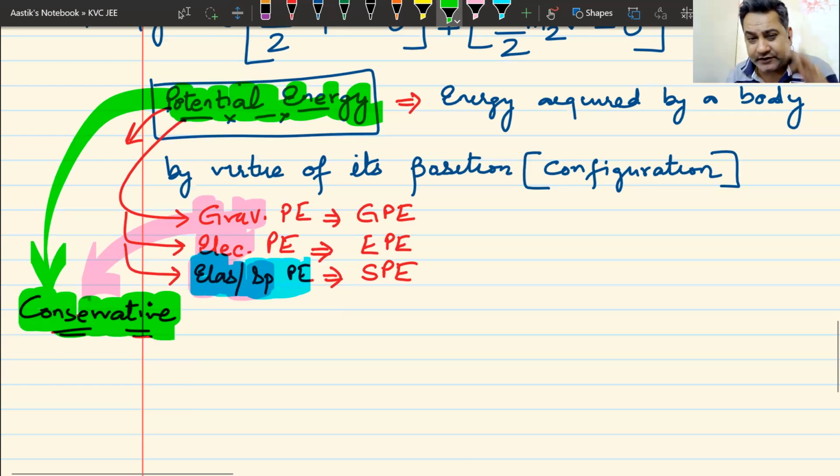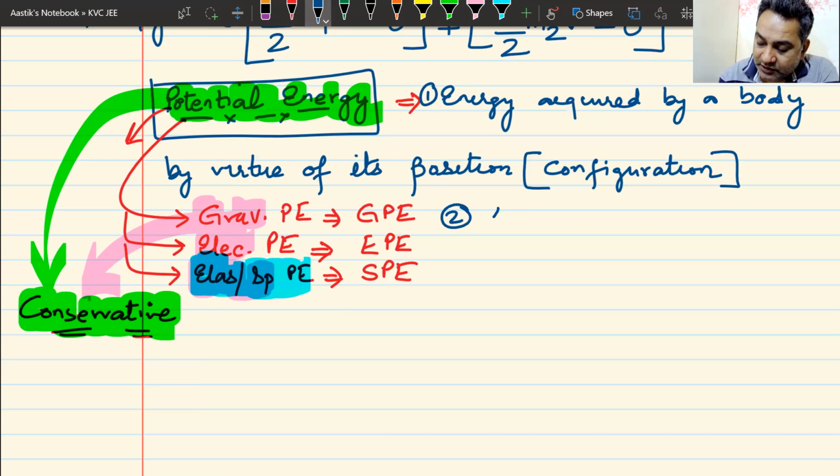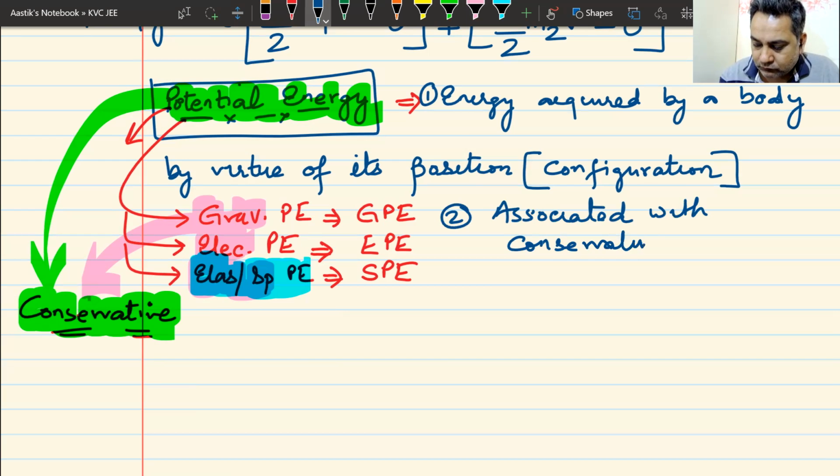If there is a conservative force anywhere, there would be potential energy in that space. So that is the second thing that you must remember. Number one, energy acquired by body by virtue of its position. Number two, it is always associated with conservative forces.